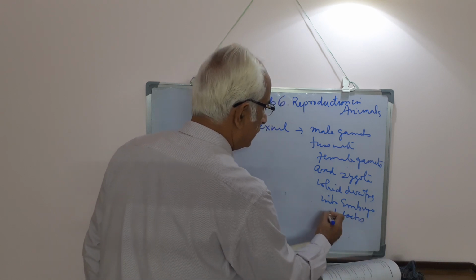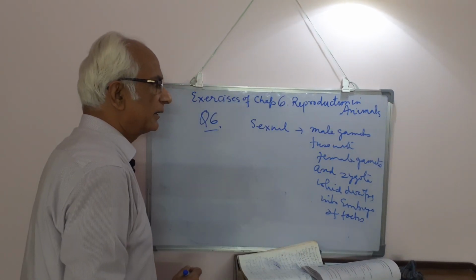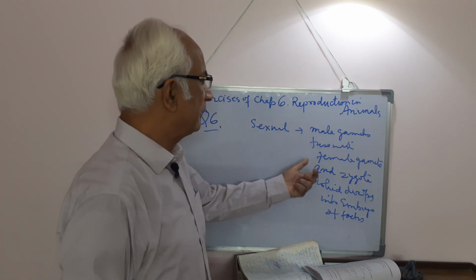So this is sexual reproduction. There are two parents, the male parent and the female parent.